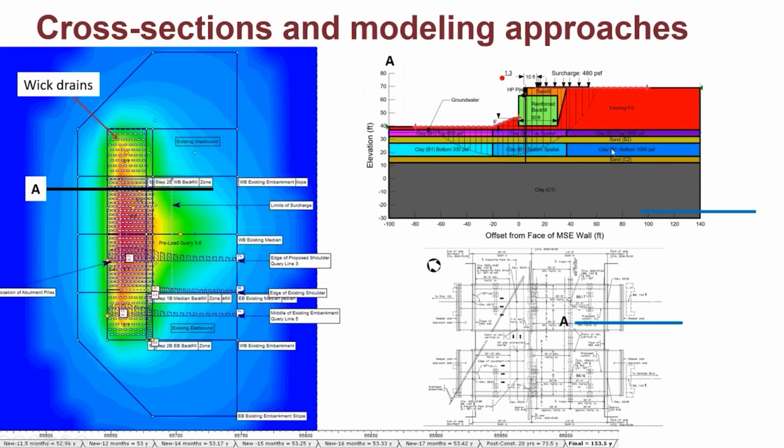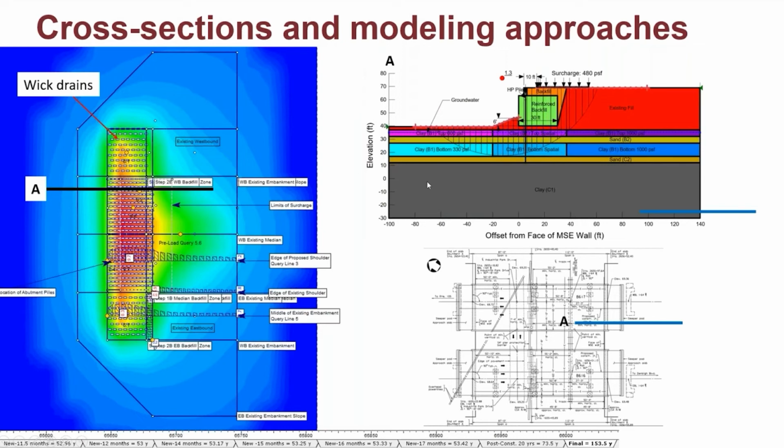Because of that, there were differences in clay properties, right? When there is no existing fill, no additional stress, then you will have normally consolidated clay. On the other side, you will have a little bit more overconsolidated clay, and there is a transition zone as well.